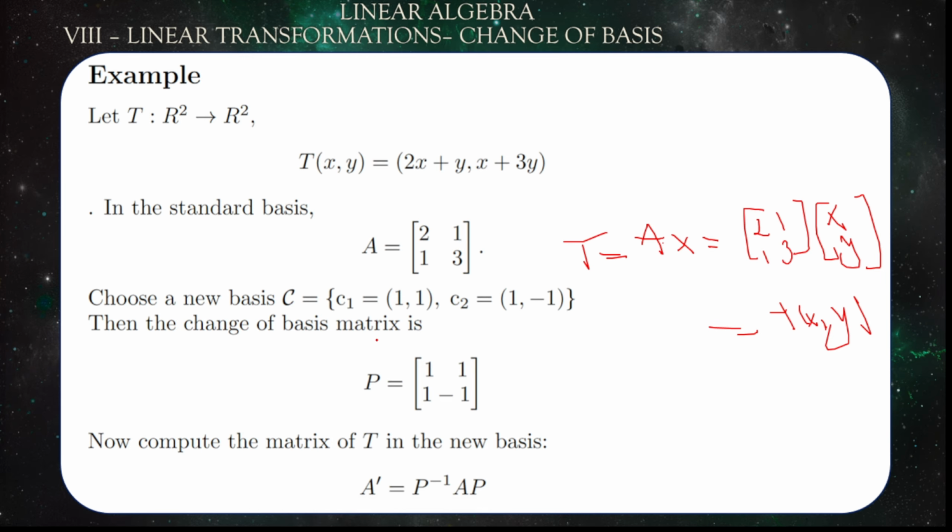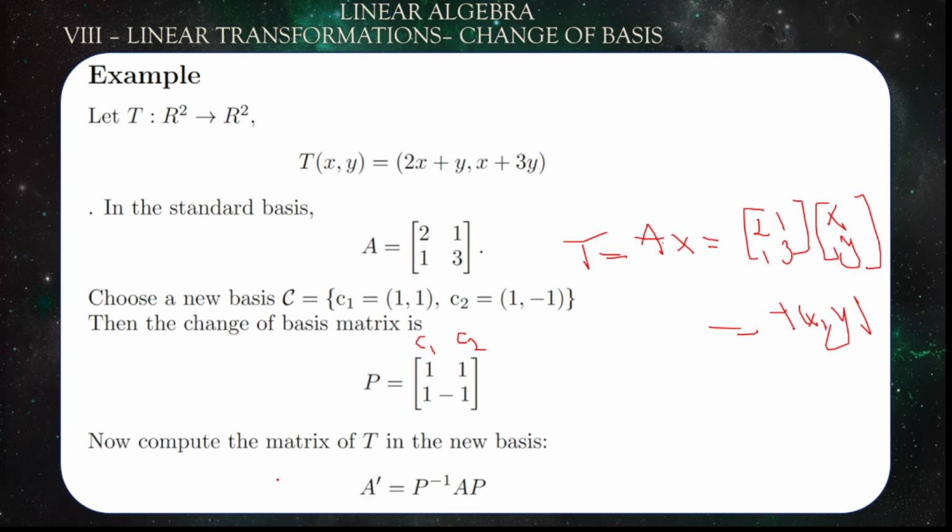This is the change of basis matrix, the change from one coordinate system to another. Let's say that this coordinate system is beta or B. We are transferring from B to C, where C is given by C1 = (1, 1) and C2 = (1, -1). So you place C1 in the first column and C2 in the second column, and this forms the P matrix, the change of basis matrix.